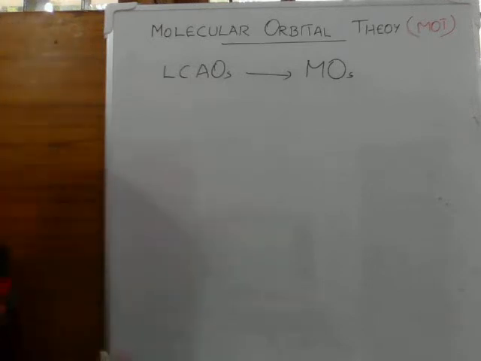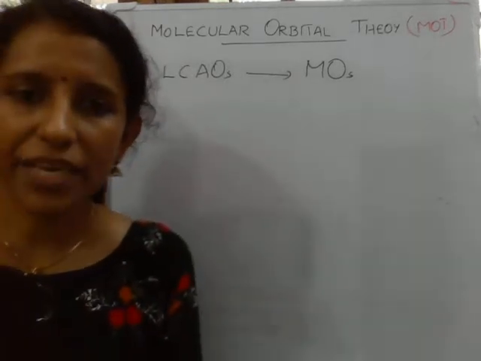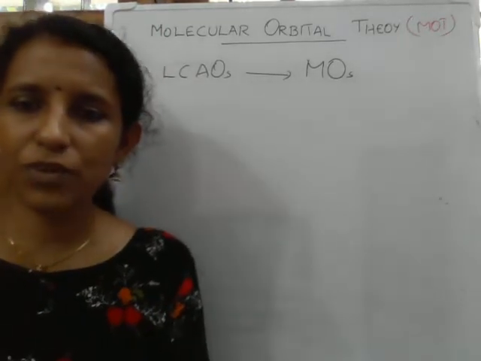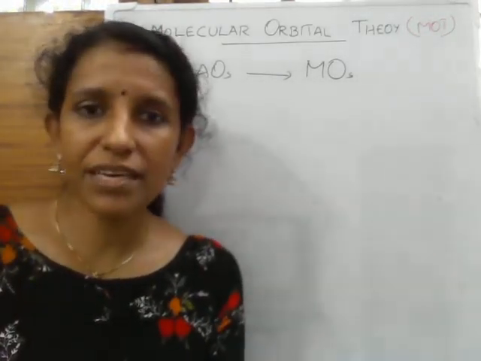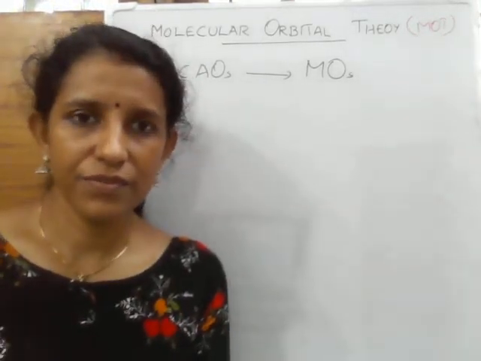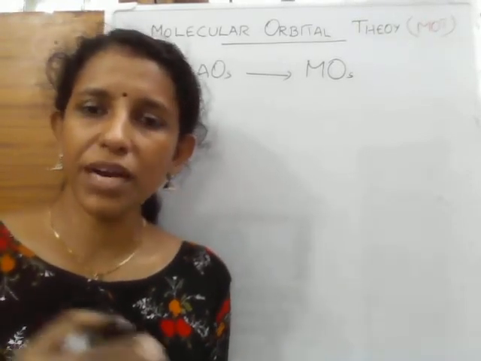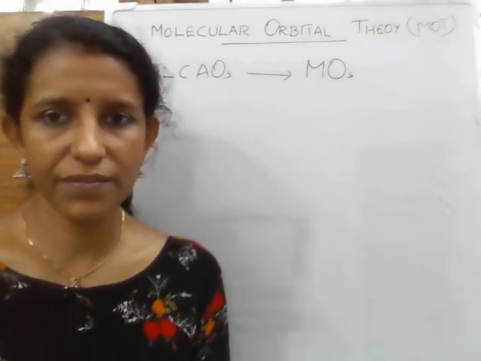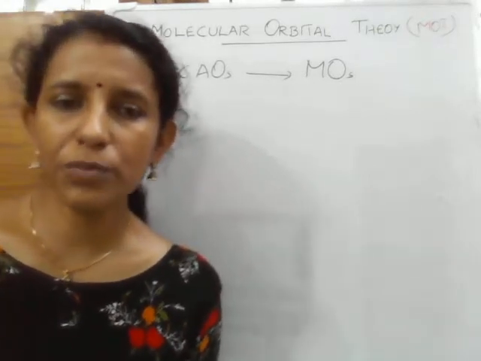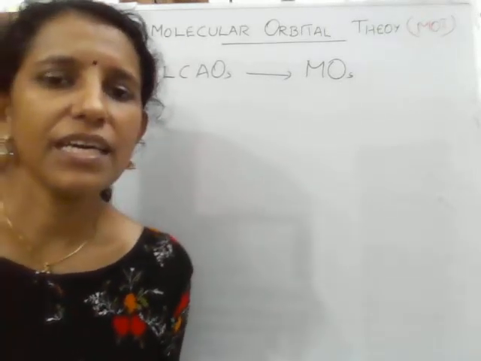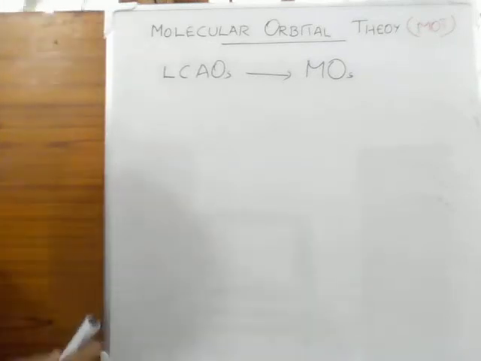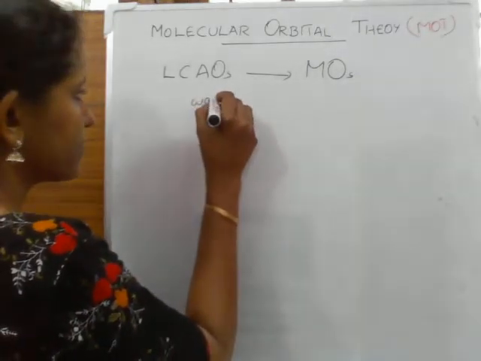Here we need the help of wave mechanics. According to wave mechanics, an electron can be considered as a wave. In quantum mechanics, we learned the electron has both particle nature and wave nature. And the atomic orbital can be best expressed as the wave function psi.